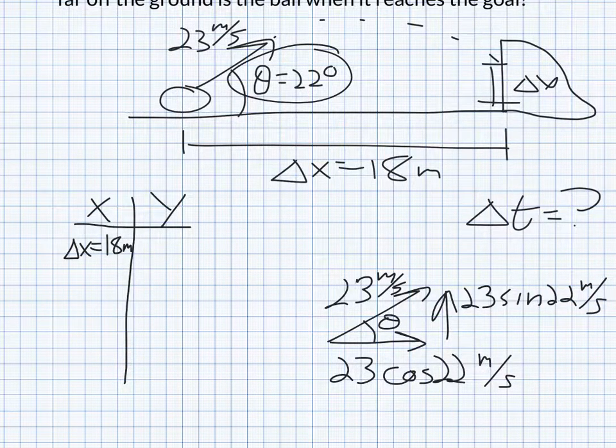I'm going to plug those right in over here. The vertical v naught, the starting velocity, is 23 sine 22 meters per second. I'm going to need more room here, so let's spread this out.